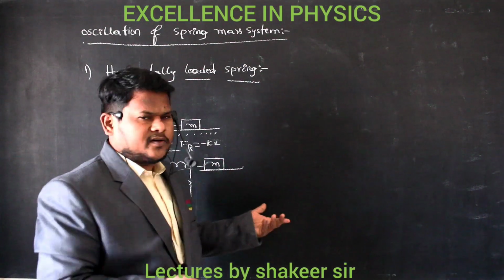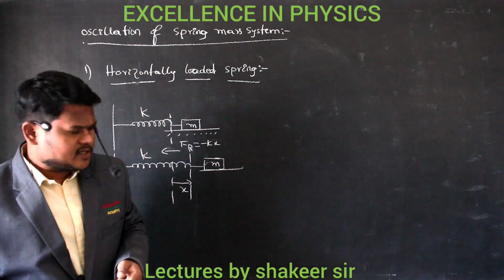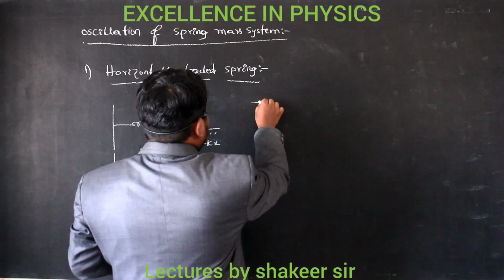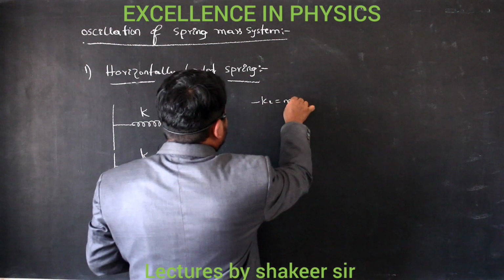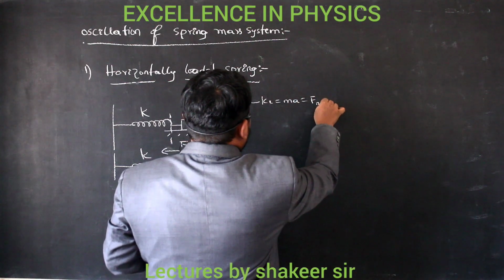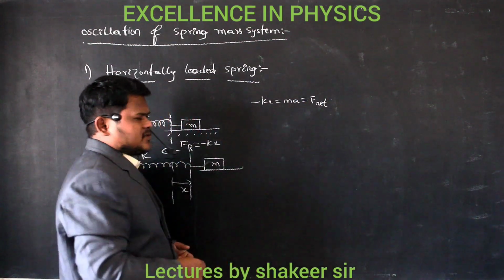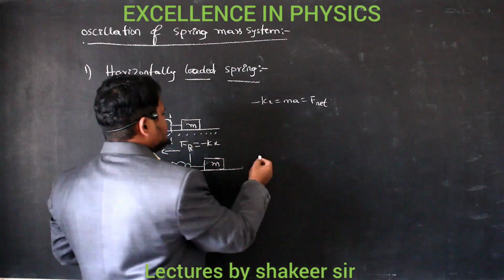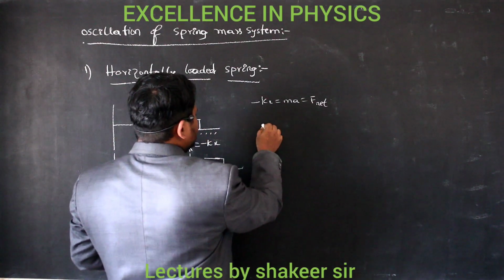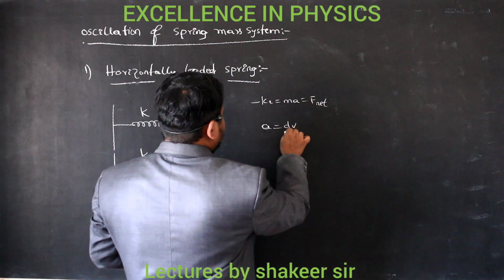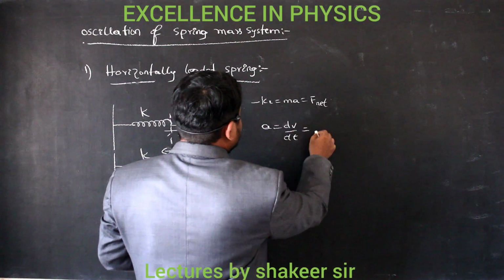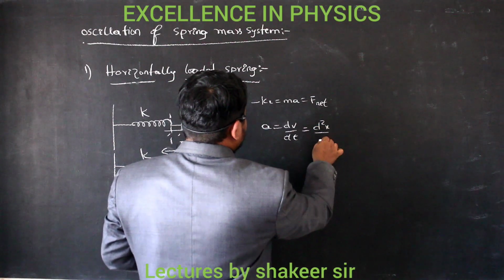So on this mass, this minus k into x becomes the net force. And we know what is meant by net force: net force is nothing but mass into acceleration. So what can I write? Minus kx is equal to mass into acceleration, which is the net force acting on this mass. Clear? Acceleration can be written as dv by dt, and the same acceleration can also be written as d square x by dt square.